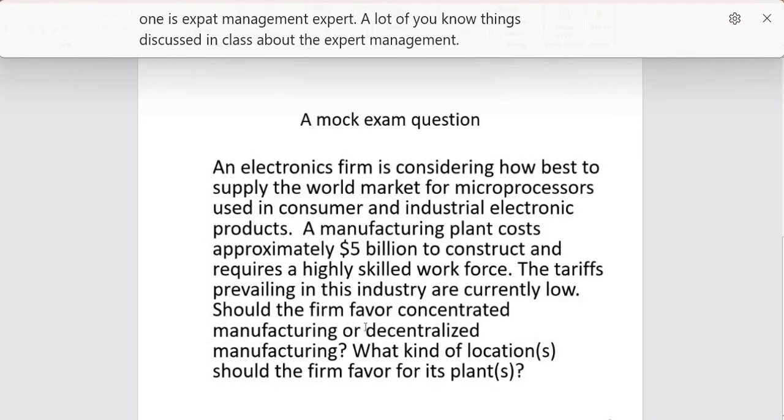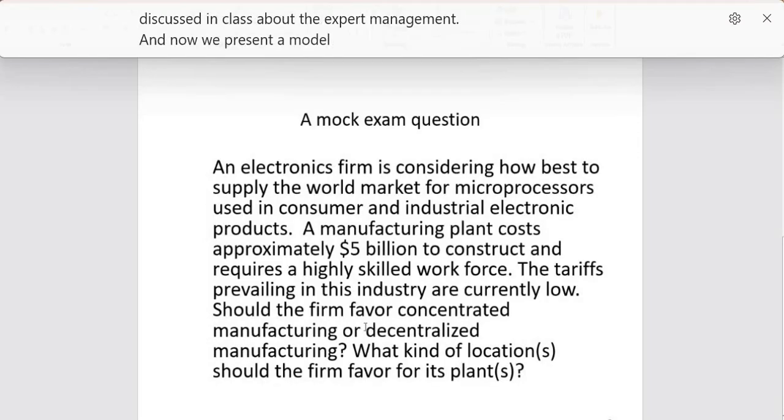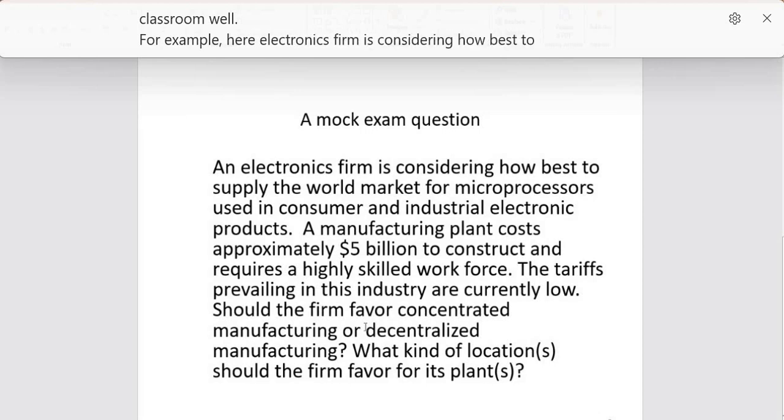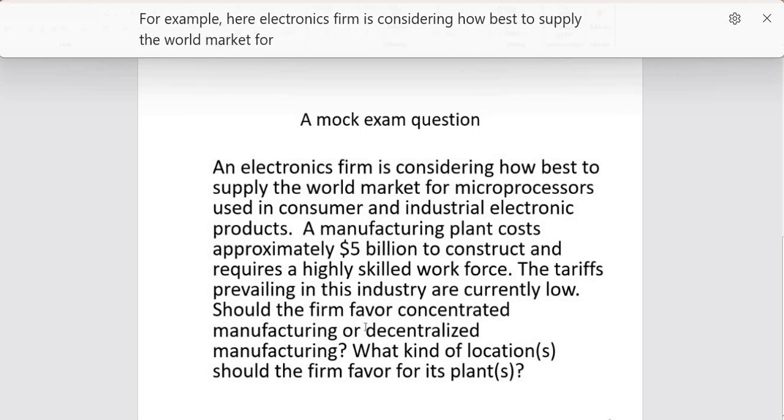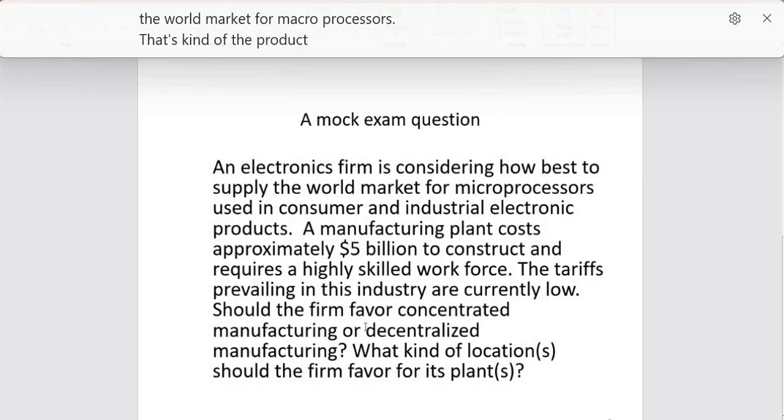Now we present a mock question. You can use this one in your classroom. For example, here an electronics firm is considering how best to supply the world market for microprocessors. That's the product the company produces, used in consumer and industry electronic products.